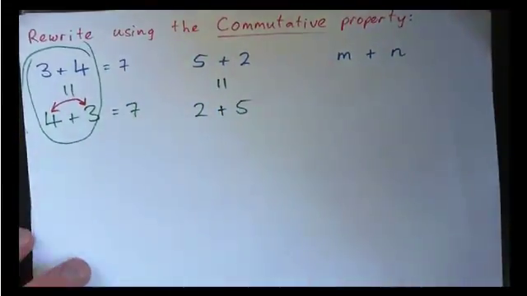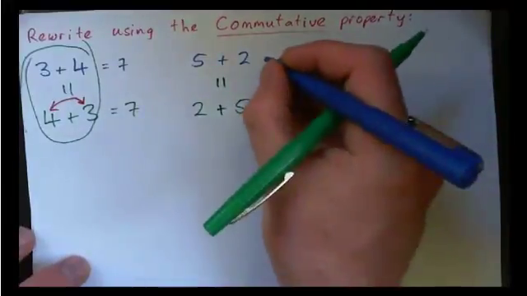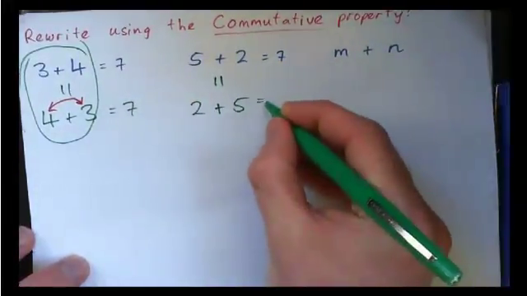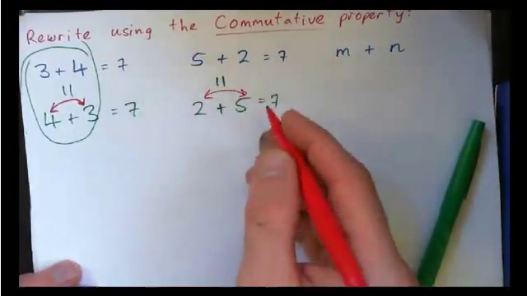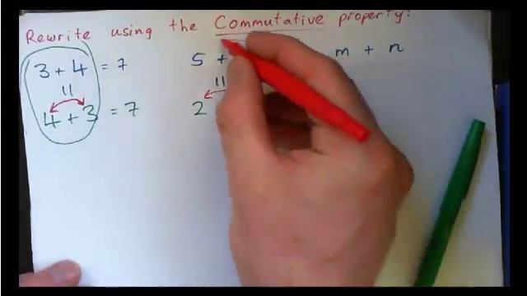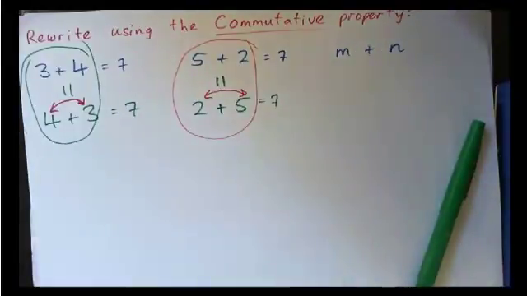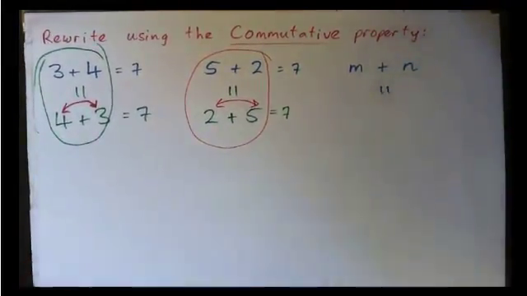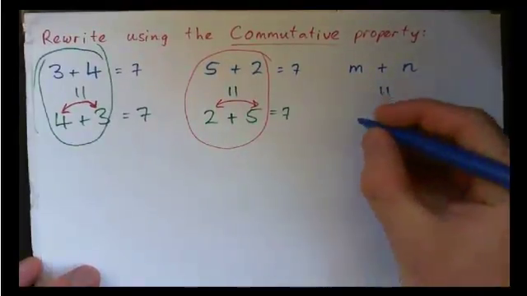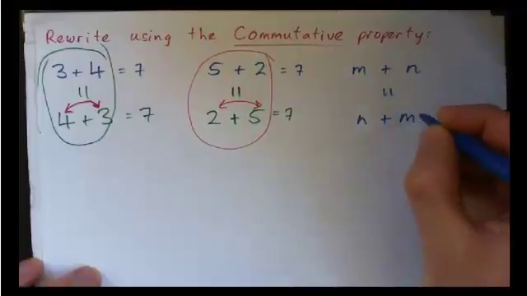Because in both cases the answer, of course, is 7. That's 7, that's 7. So we have commuted, we have moved these numbers around, and we get the same answer. So we can move things around when we're adding. How about M plus N? M plus N is the same thing as N plus M, okay?